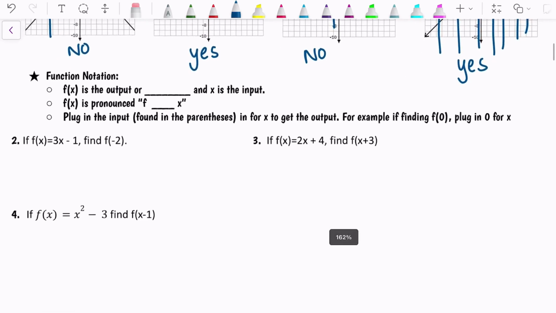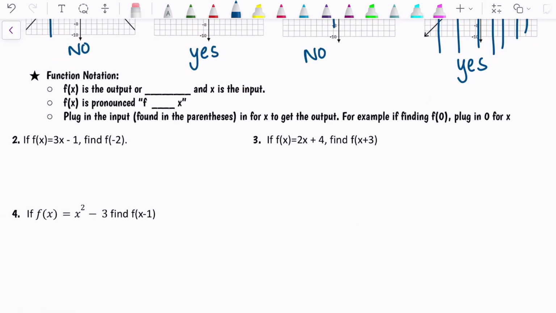All right, function notation. f of x is the output, or y, and x is the input. So it's the same thing as y, f of x is. f of x is pronounced as f of x. And so in order to use function notation, all it's saying is, whatever is in the parentheses, just plug that in for x. And so here I have -2 in my parentheses because it gives us if f of x is 3x minus 1, find f of -2.